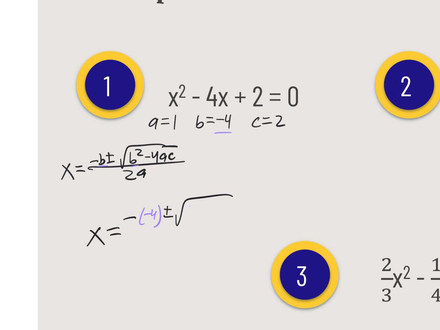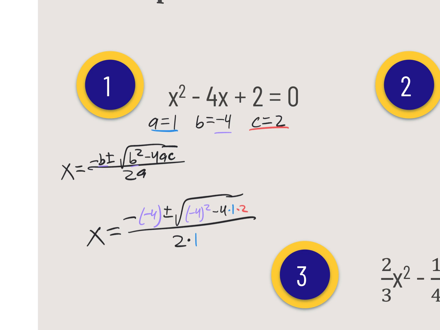So plus or minus the square root of negative 4 squared, and this is minus 4, and a is going to be 1, so 4 times 1, and then c is 2 times 2, over 2 times, and a is 1. I kind of color-coded things, so you should see where each piece goes.